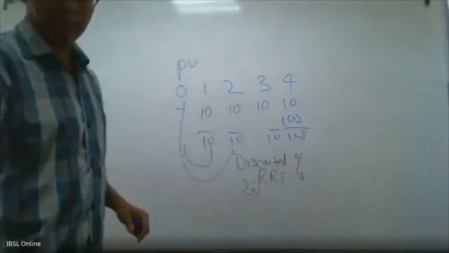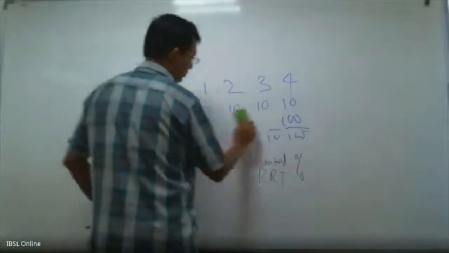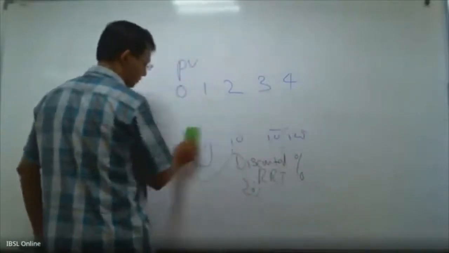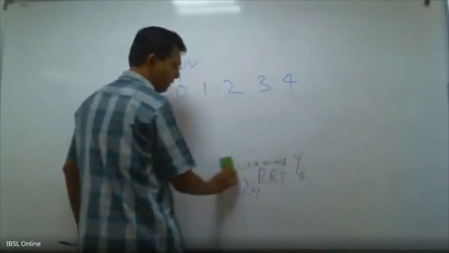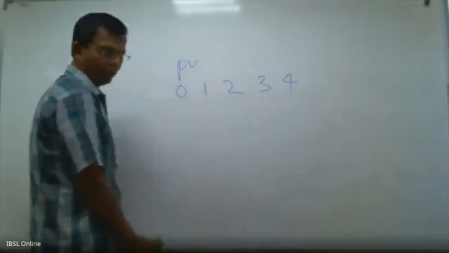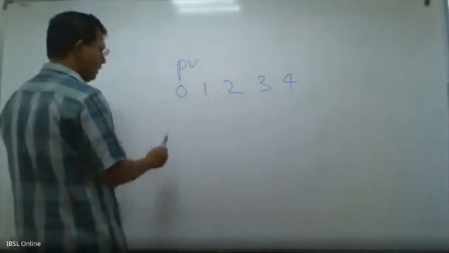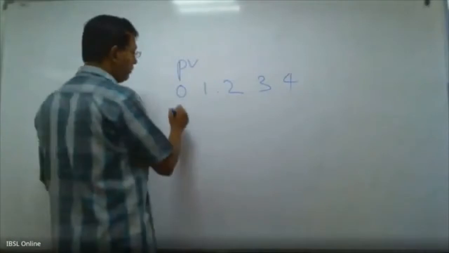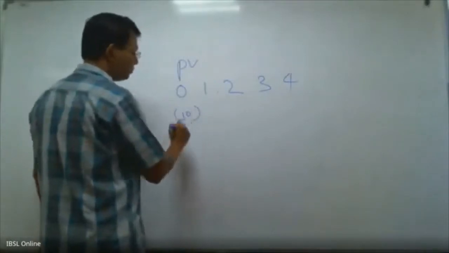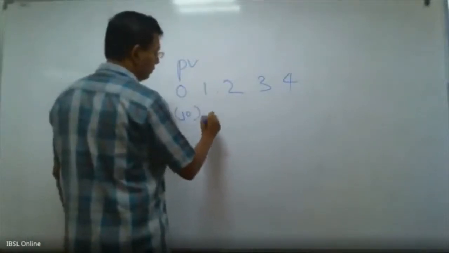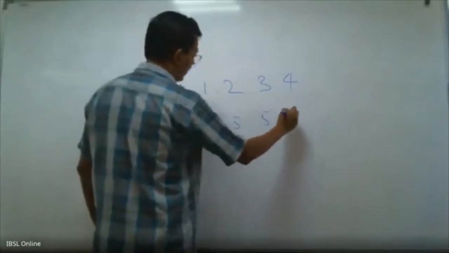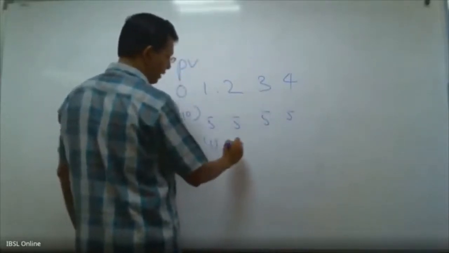Now in this particular project appraisal, same thing, right? There is no difference. But in this project, you initially have a cash outflow. Then, like this example, you have minus figures as well.